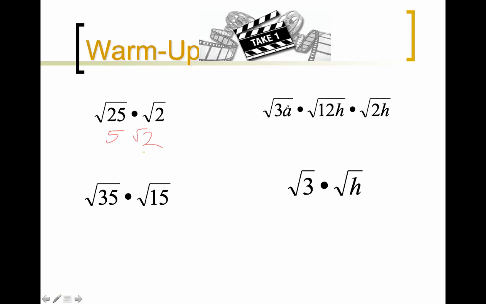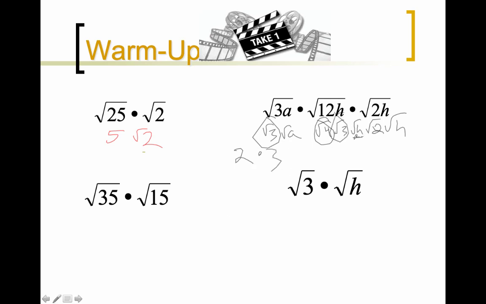Over here, you would want to break down square root 3, square root a, square root 4, square root 3, square root h, square root 2, square root h. And now I'm going to put some stuff together. I'm going to have a 4, which is a 2. I got these two 3's, makes me a 3.